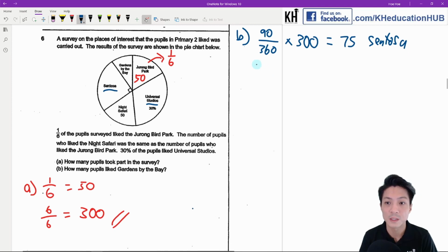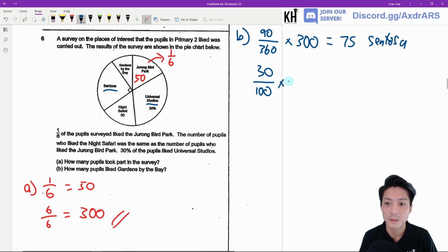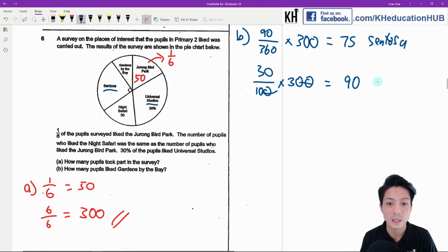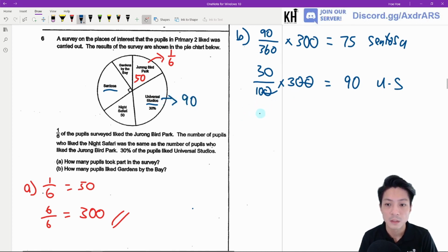Next, we're gonna find what is 30% of the total number of pupils. So 30 over 100, okay, times 300, cancel, is gonna give me 90. Okay, these are the number of pupils that went to Universal Studios. Okay, so next I'm gonna add them all together.